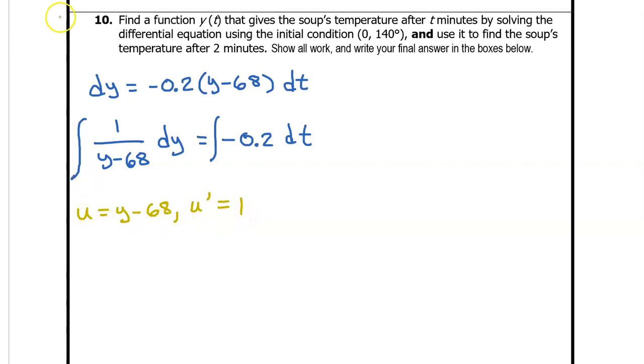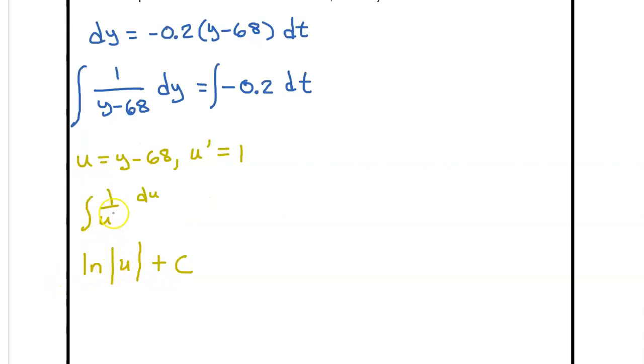So if we rewrite, we would get the integral of 1 over u, and instead of dy, we would write du over u prime. But u prime is a 1, which we wouldn't even need to write, so we would have this. Then the antiderivative of 1 over u is natural log of the absolute value of u plus c.